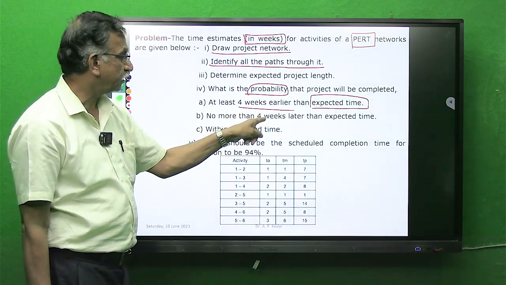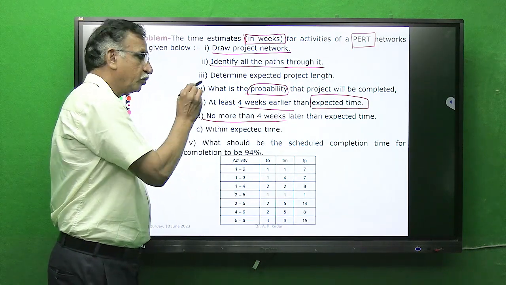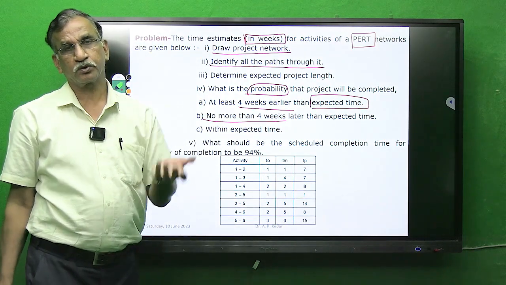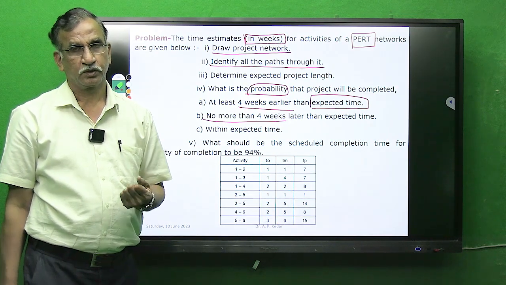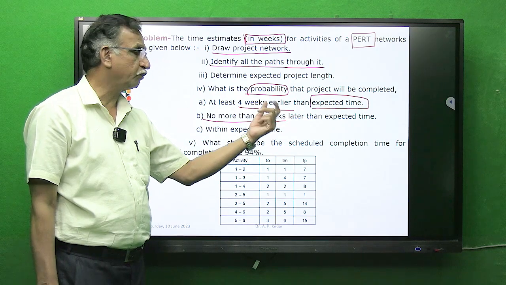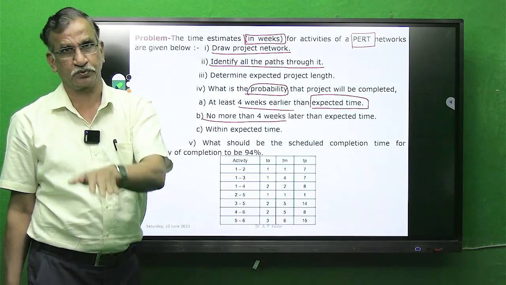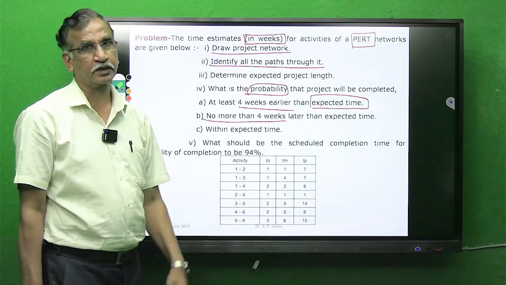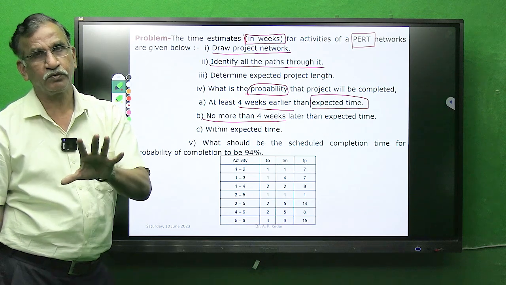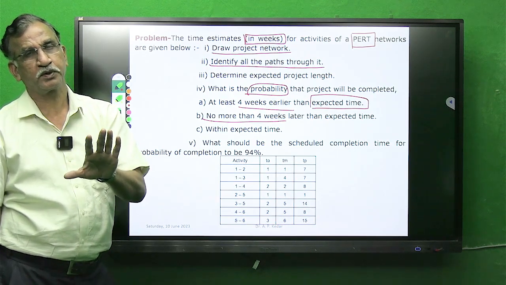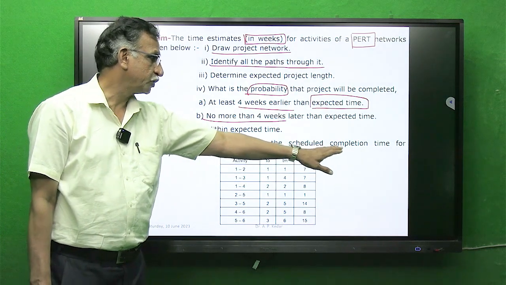Second, no more than 4 weeks later than. Terminology is very important. No more than means suppose your expected time is x weeks, so what will be no more than 4 weeks? It is 4 weeks ahead of x, x plus 4. Within expected time means within the time period for which you have calculated your expected duration as x. And last is what should be the scheduled completion time.